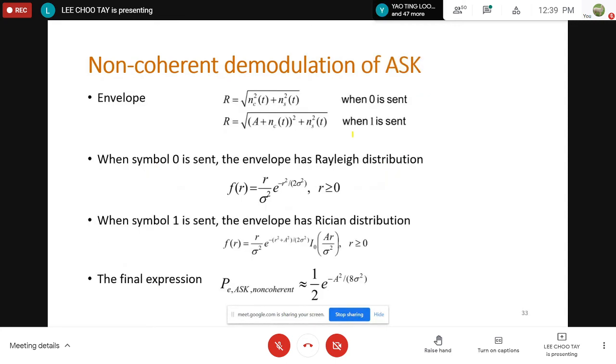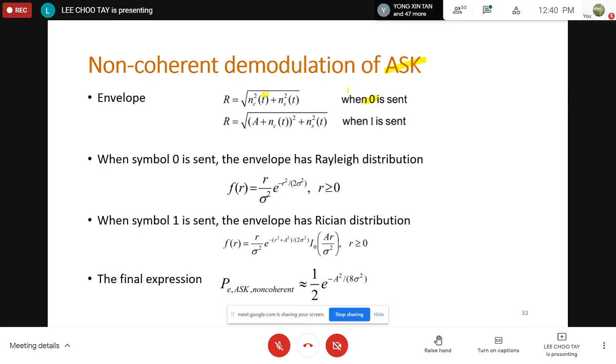First, the non-coherent demodulation of ASK signal. We make use of the envelope. For ASK, when we send a 0, the carrier amplitude is 0, so the envelope is only the envelope of the noise.